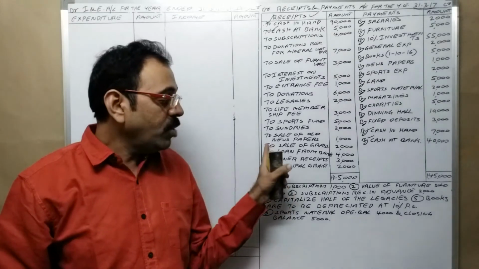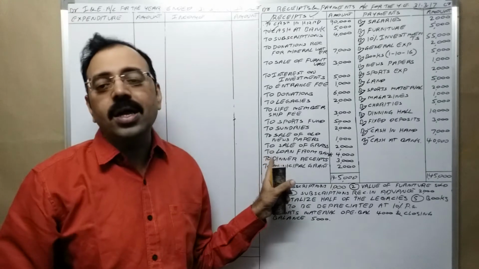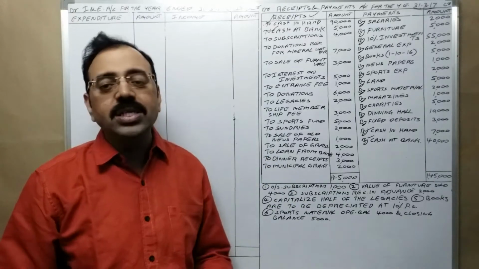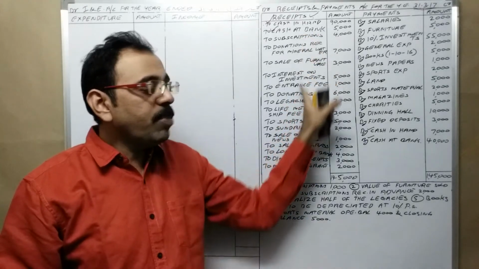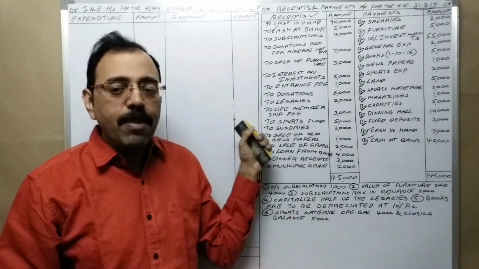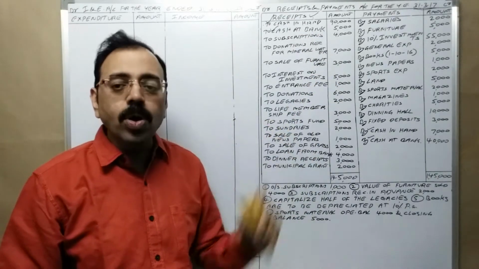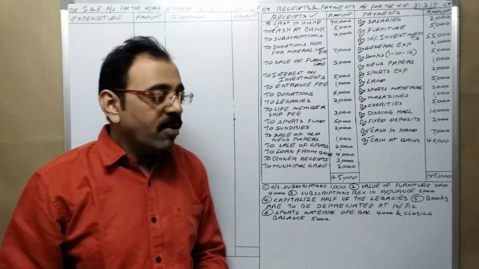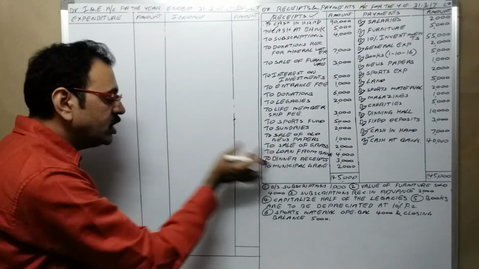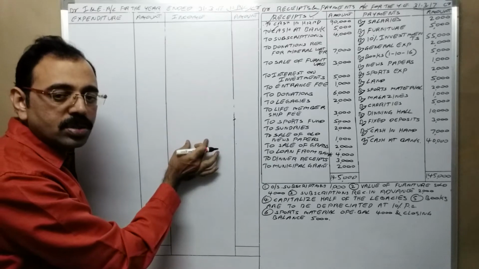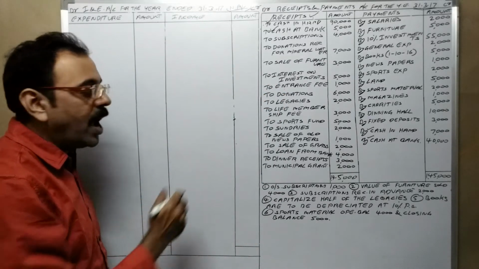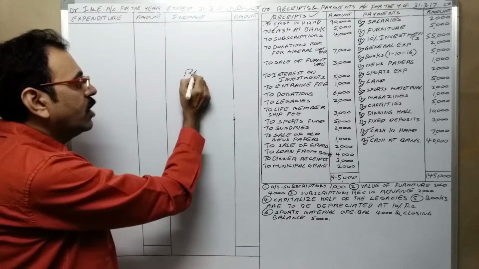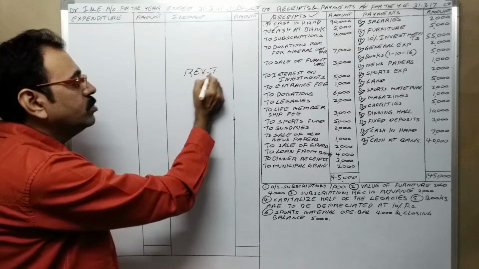But revenue receipt is a recurring income. Again and again we receive that. Now, receipts and payments account contains capital receipts and revenue receipts, both. But while taking debit items to the credit side of this account, ignore all capital incomes and take only revenue incomes.